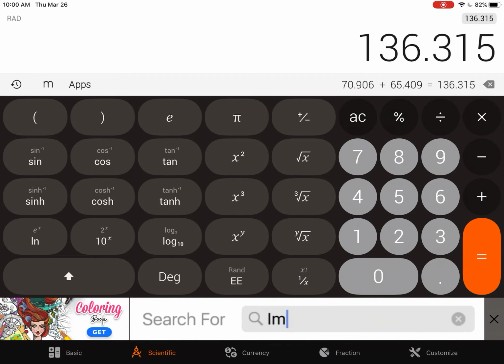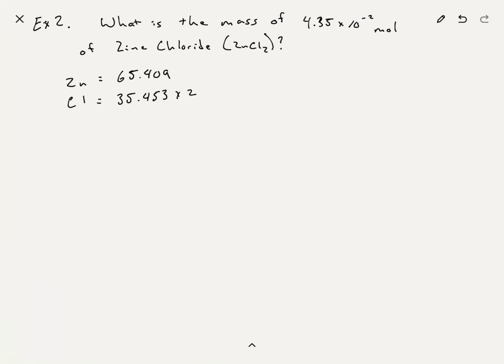And that equals 136.315. So that's grams per mole of zinc chloride.